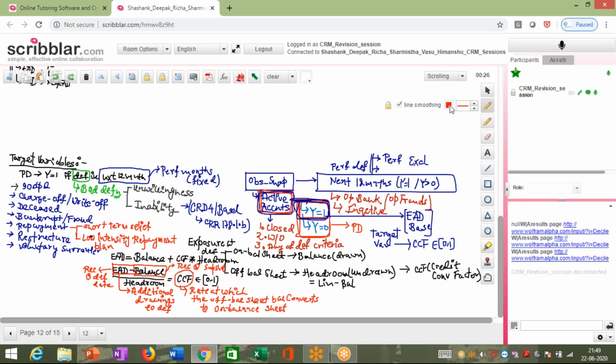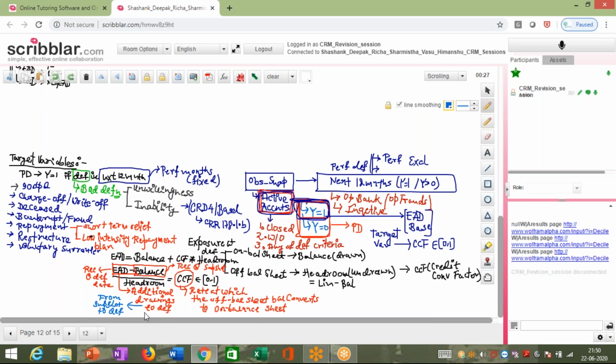Now, for the exposure at default base, you would have all the accounts which are non-default at snapshot but have defaulted in the performance.